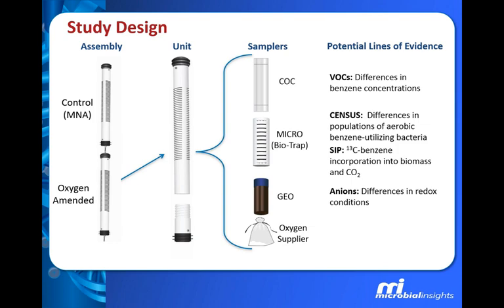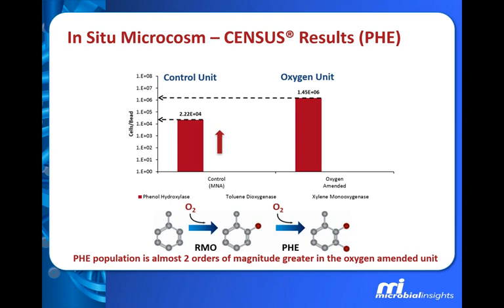So once again, we use an in situ microcosm. It looks very similar to the one you've seen before. Again, there's a sampler for COCs, for geochemistry, there's a biotrap, and then there's a supplier for oxygen, in this case, an oxygen release compound to supply oxygen in the in situ microcosm.